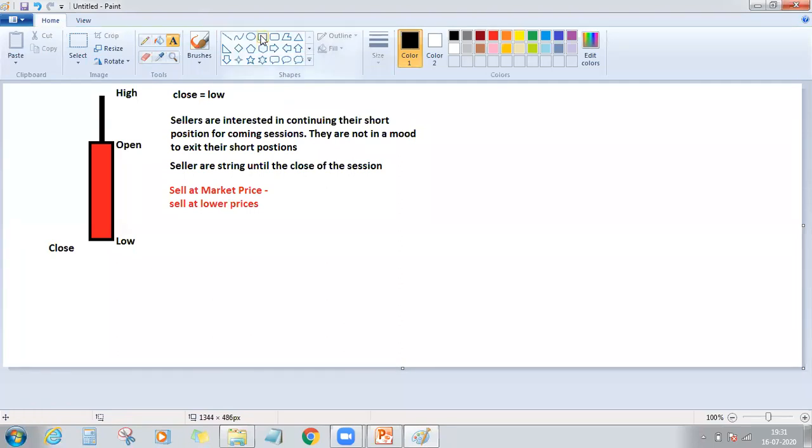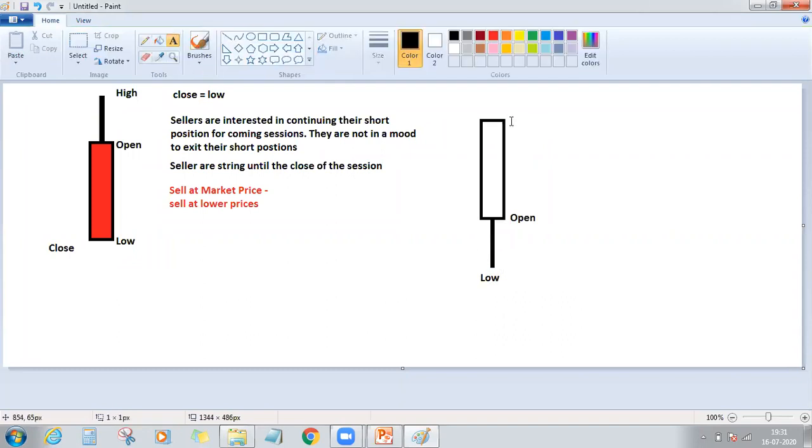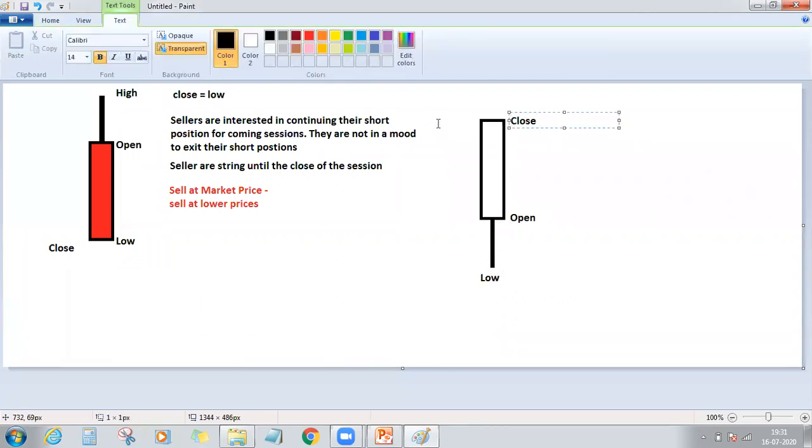Now the other case, close is equal to high. The color of the body would be green here, and there will be a downtick like this. Here the price will be opening, then it will make a low. At the top, you'll have the close price, and at the top, you'll have the high price.